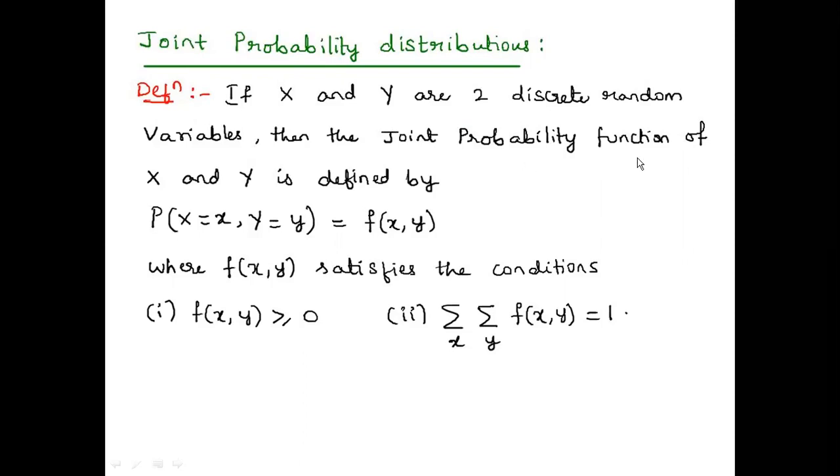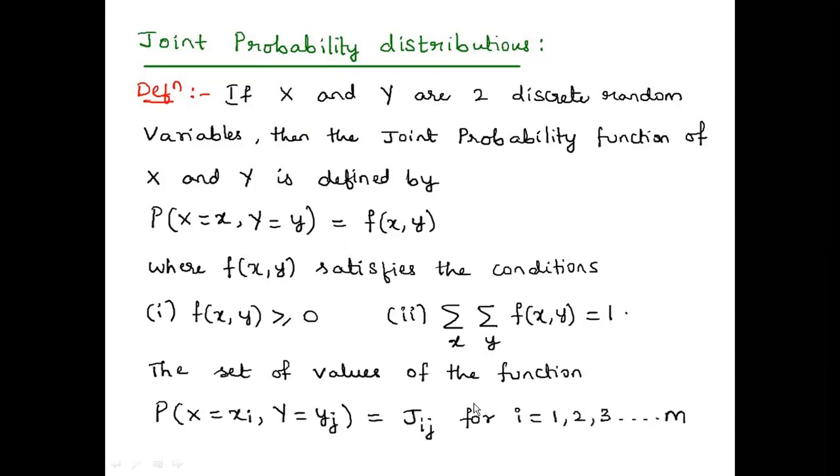So the joint probability function of x and y is denoted by f of x comma y, which satisfies these two conditions. F of x y should be greater than or equal to 0, and summation over x, summation over y, f of x y should be equal to 1. If these two conditions are satisfied, we say x and y satisfy the joint probability function.